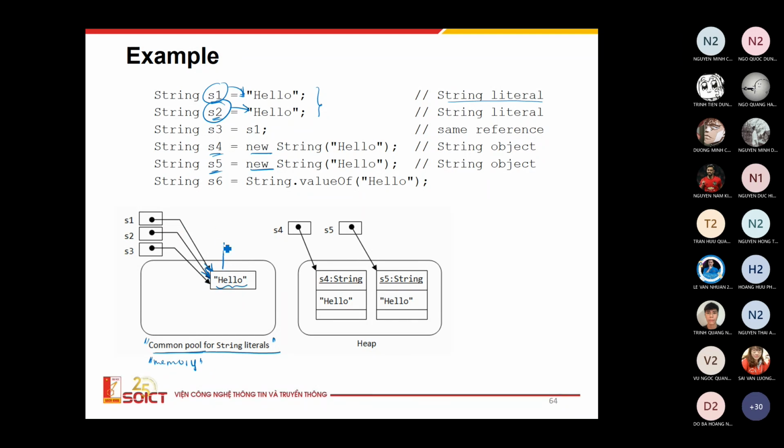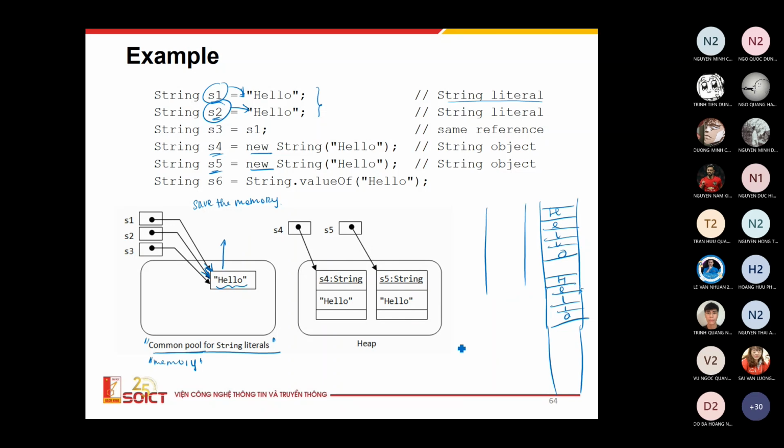Okay, it will help you to save memory, because if you allocate the string hello in the stack or in the heap memory, you will have many copies of hello. And here you have hello again.